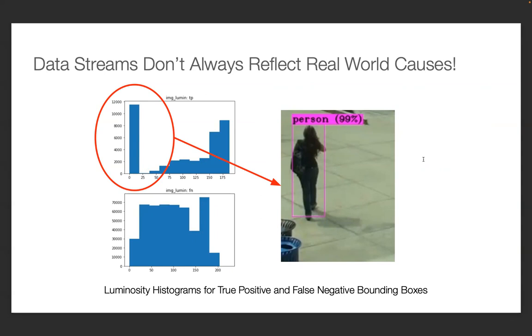And the reason, if we dig a little deeper, is that we are seeing silhouettes of people who are very dark or who are in the shade, but with clear silhouettes.